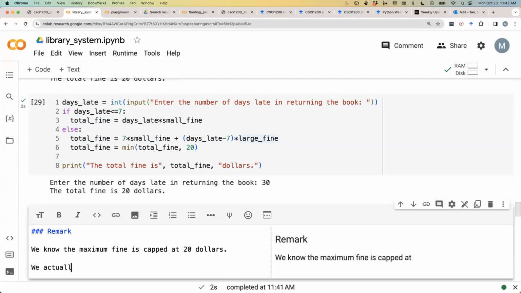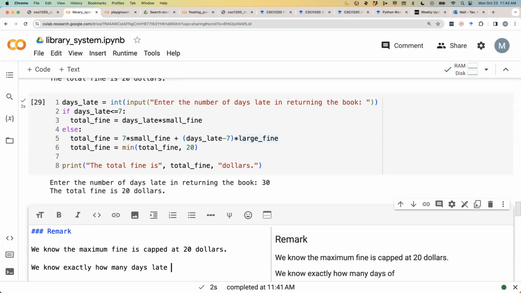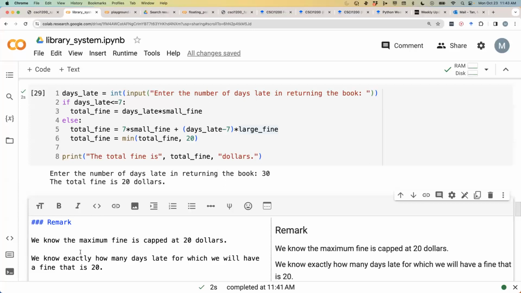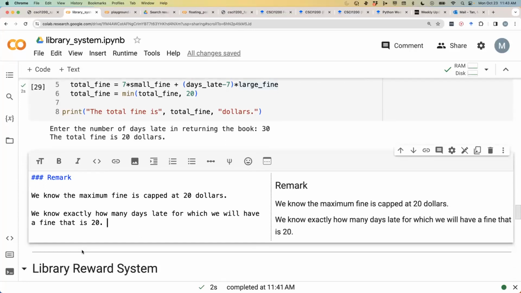So we know exactly how many days late will give us a fine of $20. By computation, for example, we know 30 days will give us $20, because 30 days gives a total fine that is more than $20 and we cap it at $20. So we can compute this maximum number of days.